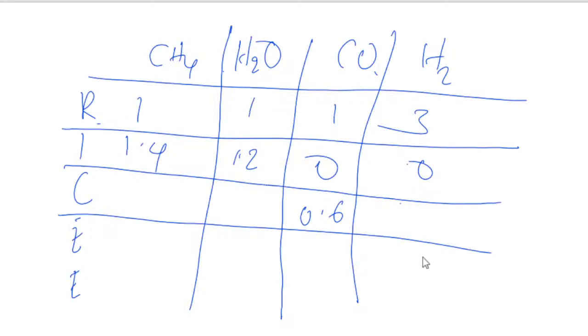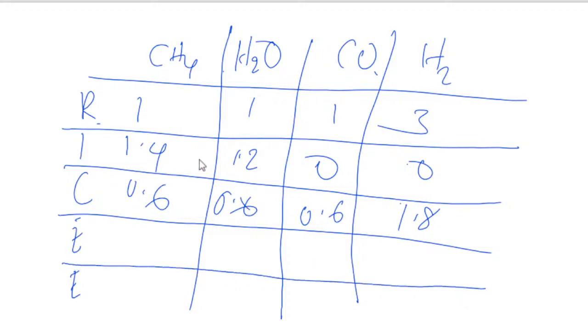But now, if this one is 0.6, then 0.6 times 3 is 1.8, because these are 3 moles. And in terms of moles, for this one it is going to be 0.6, 0.6.